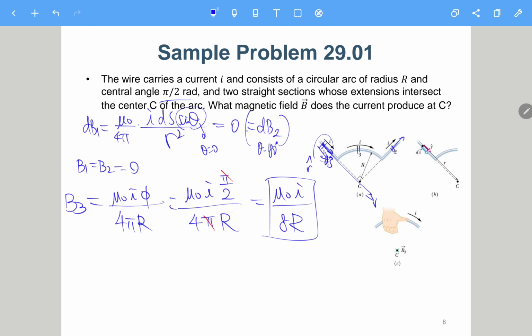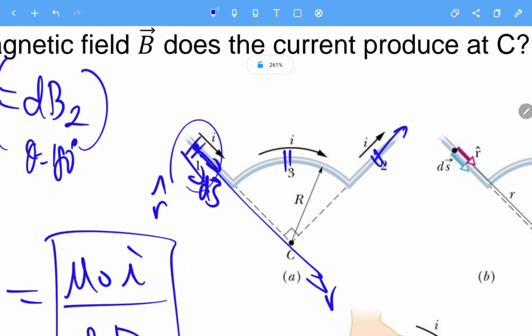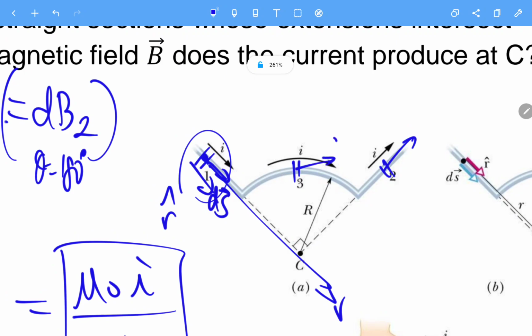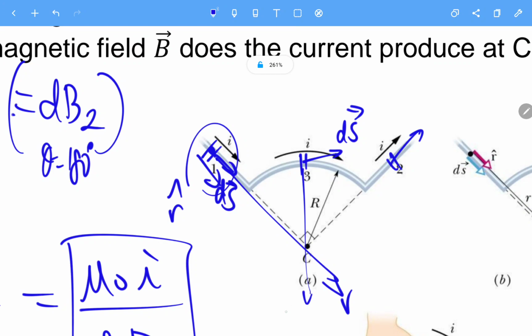And then we need to consider the direction. Actually we can use two ways. You can use the Biot-Savart law. You can see ds is pointing to this direction, r hat is pointing to this direction.